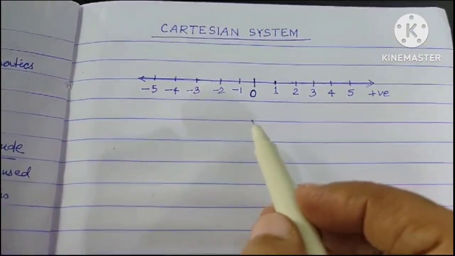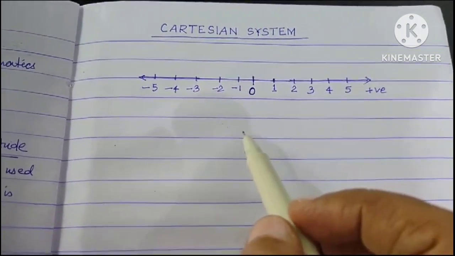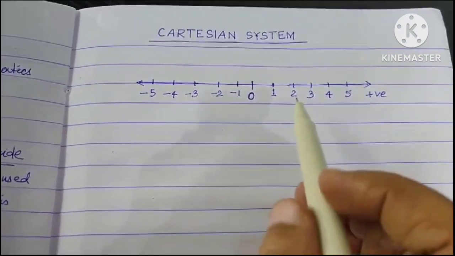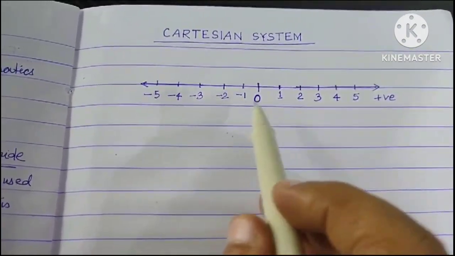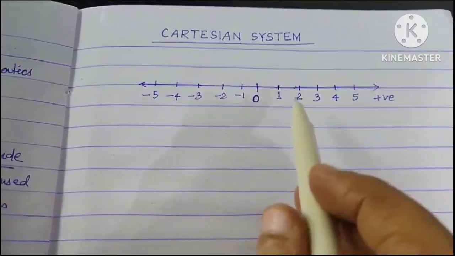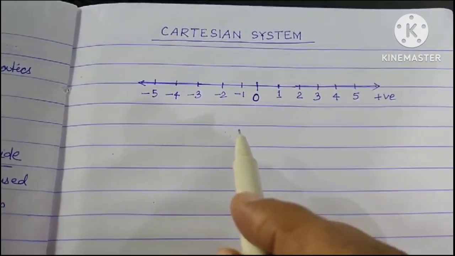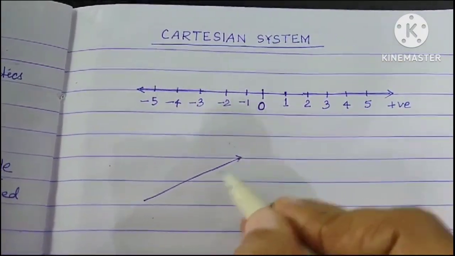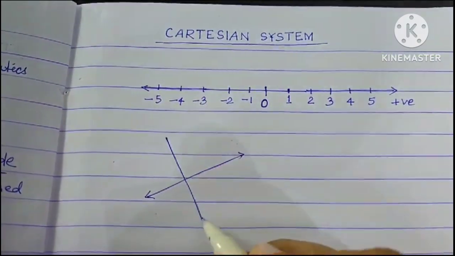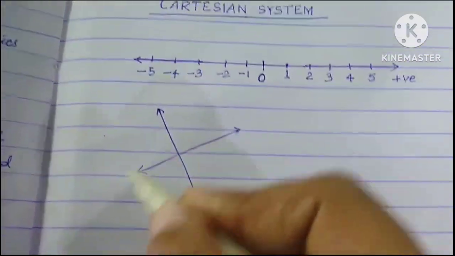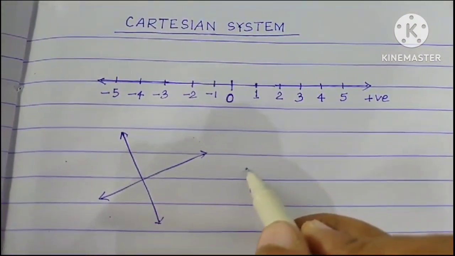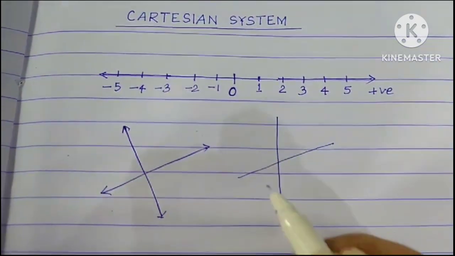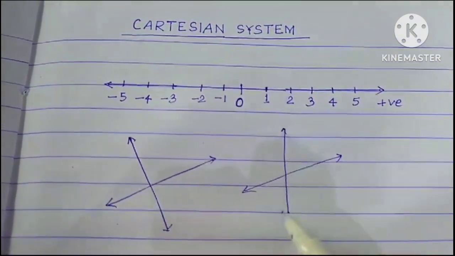This was the idea of René Descartes, that when he started introducing the Cartesian system, he took two such lines, perpendicular to each other. Suppose he has taken one line and one perpendicular to it. It can be like this, or like this, both are perpendicular to each other.